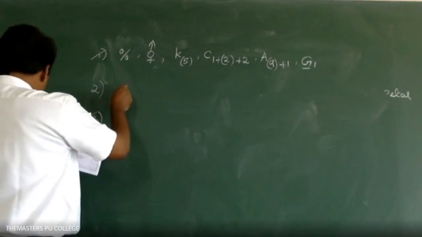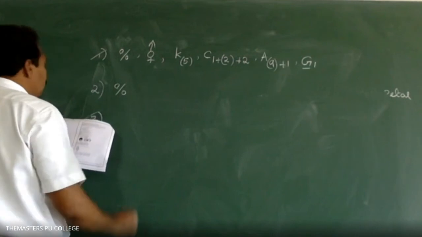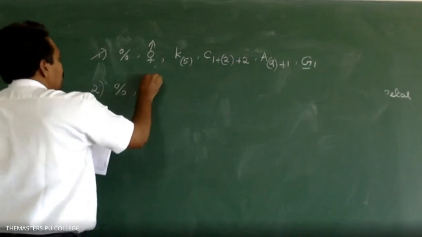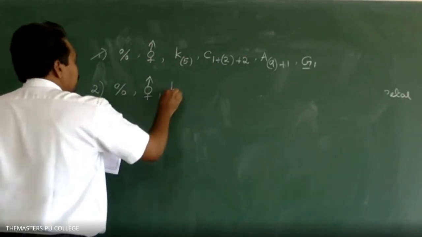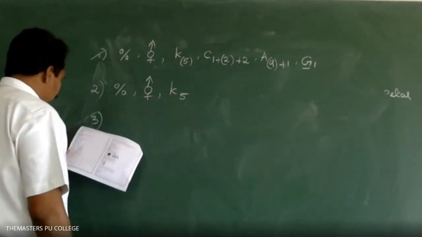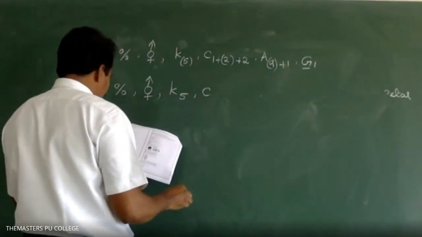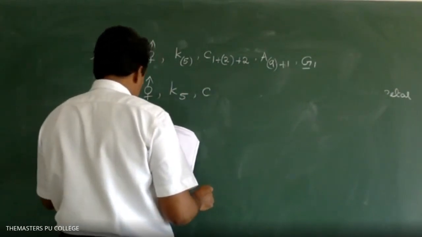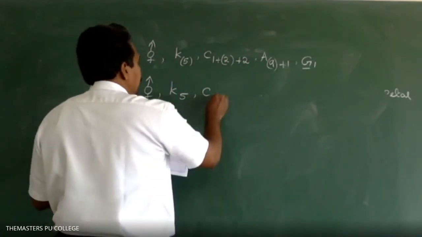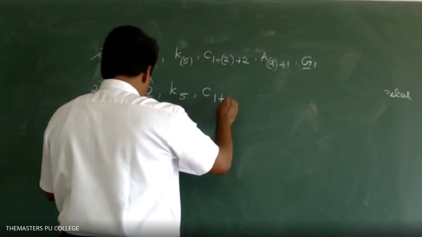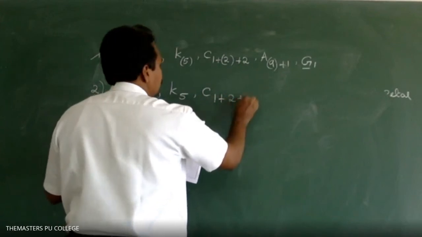The given second option is: flowers are zygomorphic, bisexual, sepals 5 free, corolla consists of 1 plus 2 plus 2.